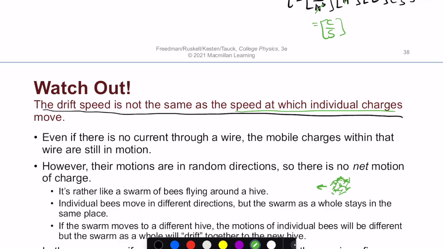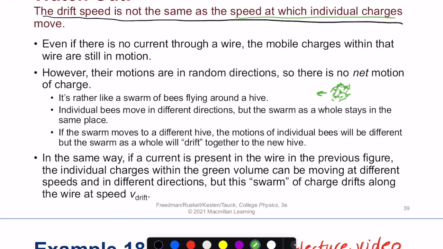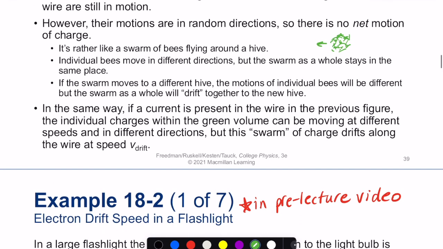So that's analogous to the drift speed. The drift speed of electrons is the speed at which the collective group of electrons moves. And it's going to be slow because of all those collisions that the electrons are having with each other and with the edges of the wire. So drift speed is actually quite slow, in other words.